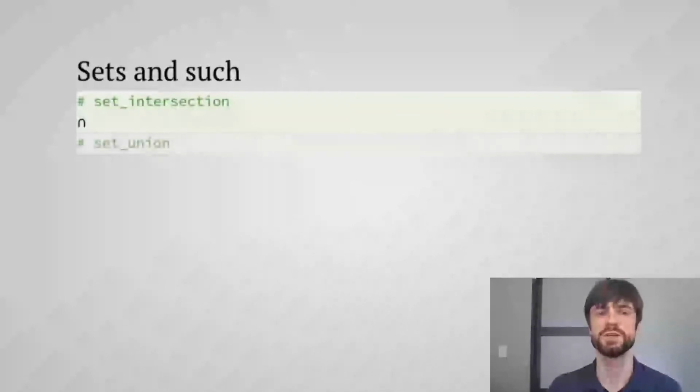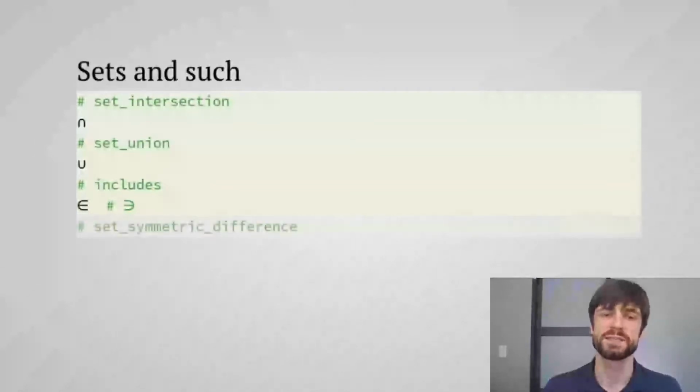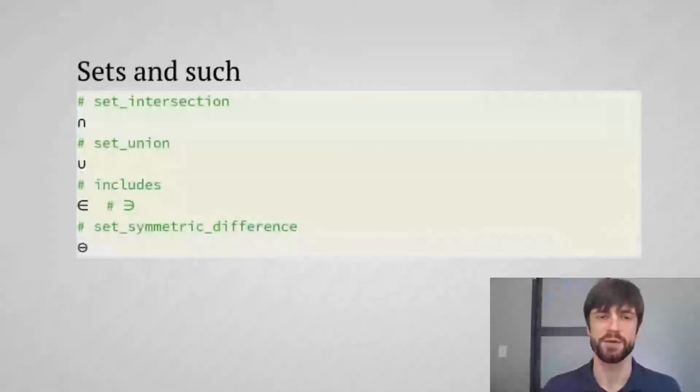Instead of set union, the mathematical symbol for set union. Instead of includes, we use the element operator in whichever direction you would like to, which allows more expressive code there. And then instead of the absolutely longest item in STL, set symmetric difference, we use the set symmetric difference operator.